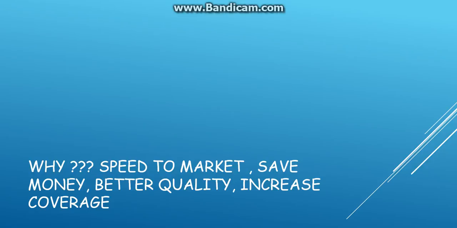Then one of the final things would be where people prefer an increase in coverage of testing. That is in cases where there is a shortage of testers available, right? In the organization, they might have just 5 testers. And with every release, the testers may want to spend time testing the new functionalities that come in with the application, which means that he would have no time to test the regression test cases.